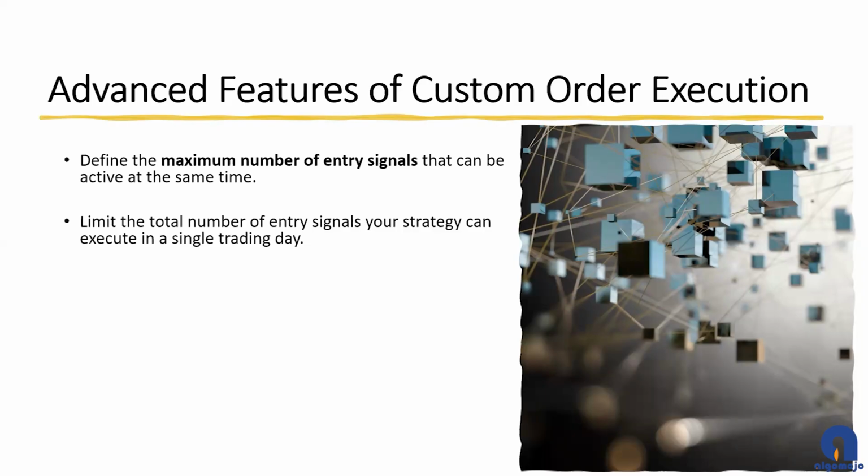So you can say that I want to do only three trades in a day or five trades in a day, and any signals coming beyond that will get rejected and the orders will not be placed for you. I will show you how to set the trailing M2M when we look at the platforms.